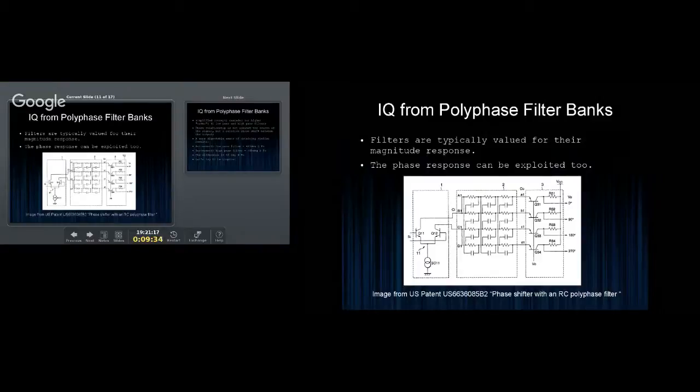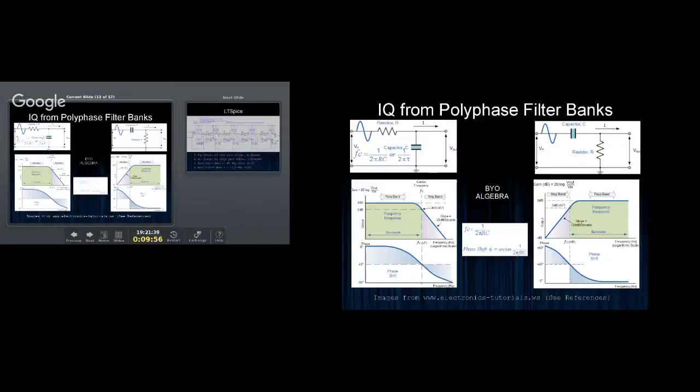But I tried to interpret it from more of an intuitive sense where I say, well, okay, I know pretty well how a Butterworth RC low pass filter works. It's pretty accessible to get a hold of the phase response as a function of frequency, magnitude response, and that should look pretty familiar to most of you.